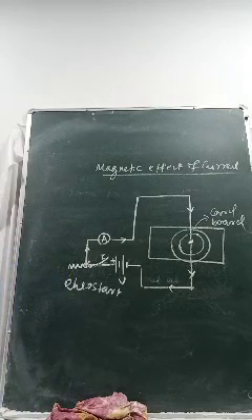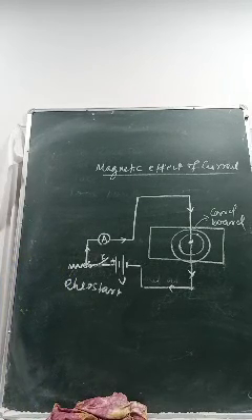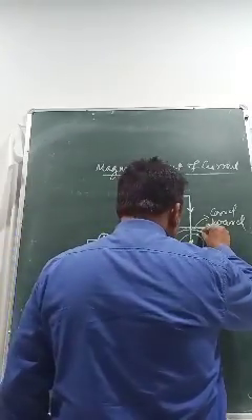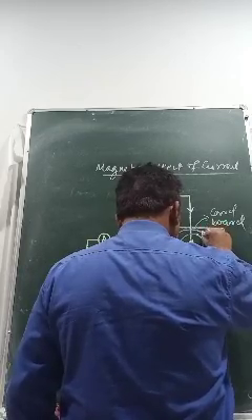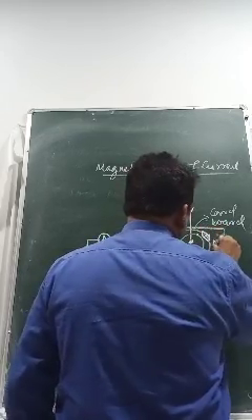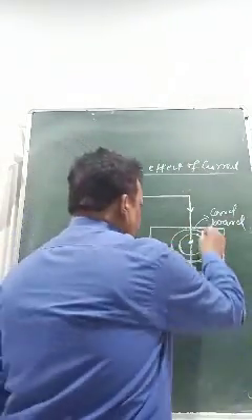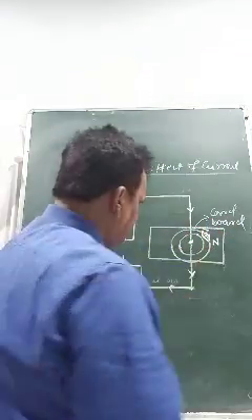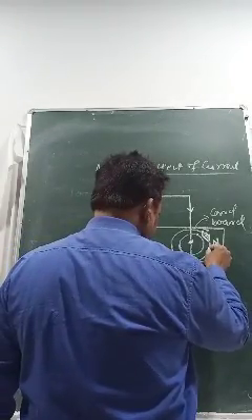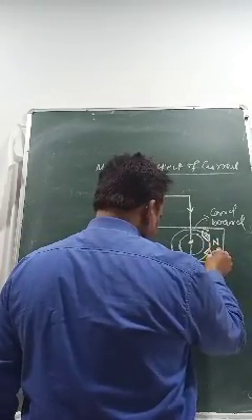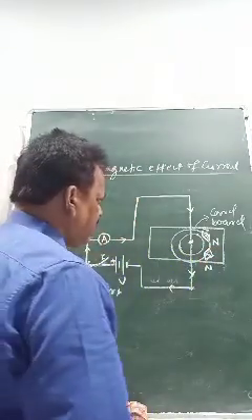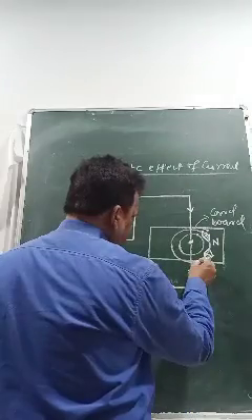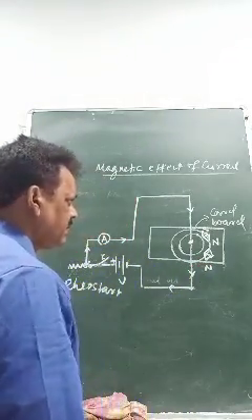Okay, it will show you north-south direction. That means if you place this, it will show you north, this will show you south. So like this, if you place the magnetic needle, it will show you north. That means what did you get? You are getting circles in this direction. Which direction you are getting?